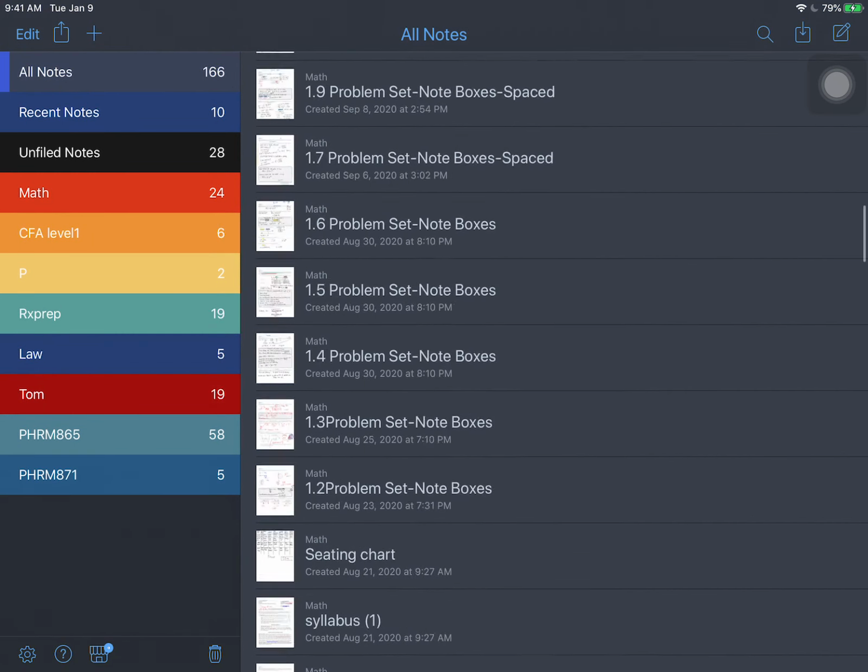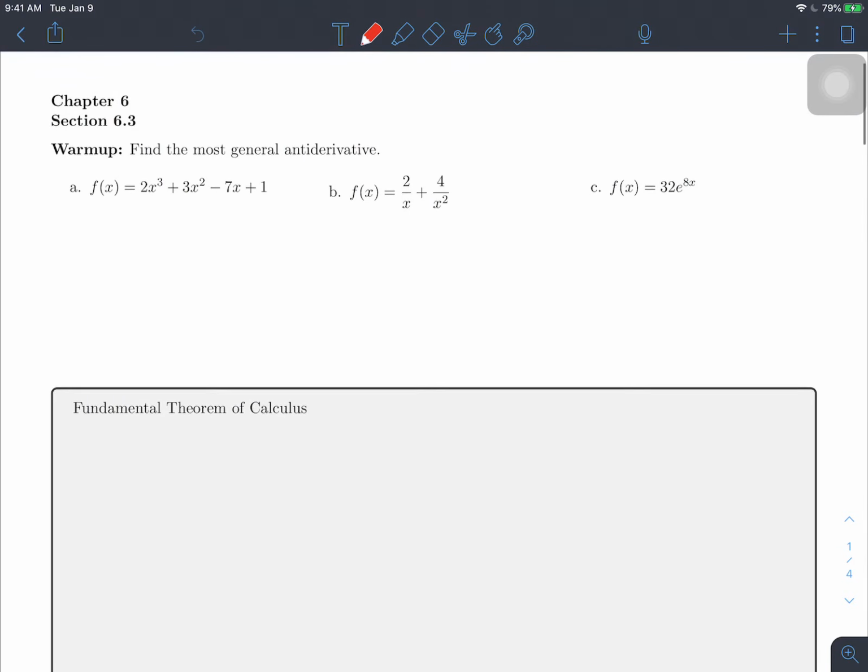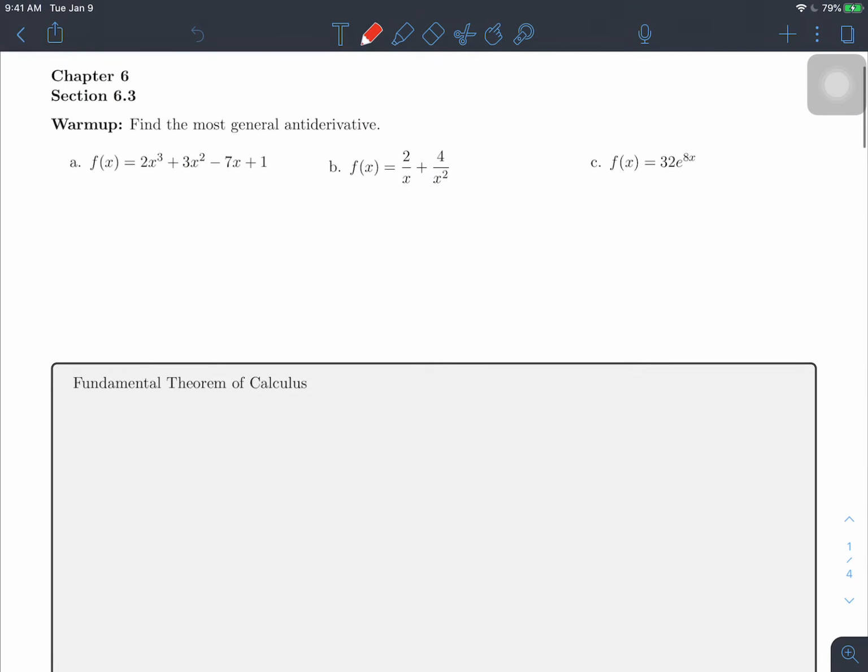All right. In that case, let's jump in on the warm-up problem. For 6.3, we want to find some antiderivatives. Okay, I should mention before we start, when we say the most general antiderivative, it should be of the form f of x plus c.